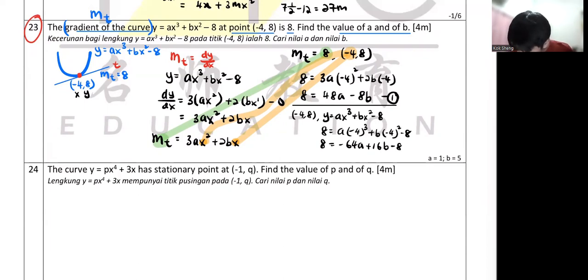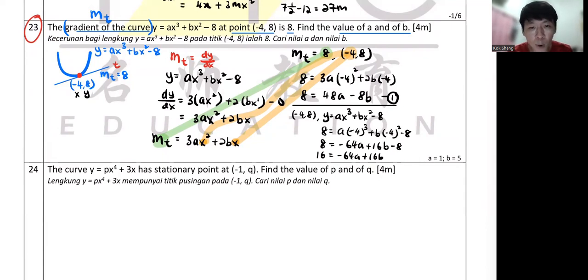And -8, I bring over here become plus. So 8 plus 8 equals 16. So this is your second equation, but of course, you still can simplify if you want.